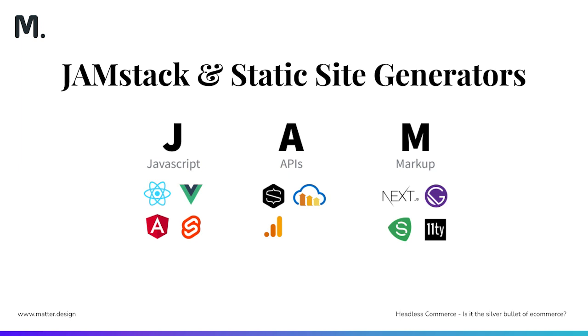We are doing this with what's called a JAMstack. JAMstack is an acronym. JAM stands for JavaScript, APIs, and Markup. These are the three core components that can make up a website built with this architecture. And a static site generator, we use one called Gatsby.